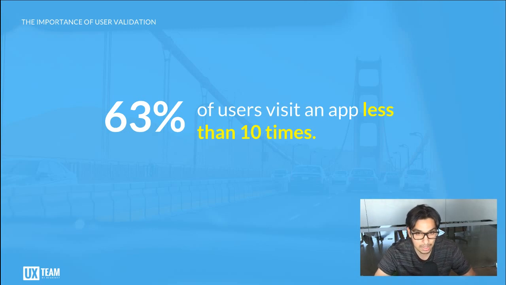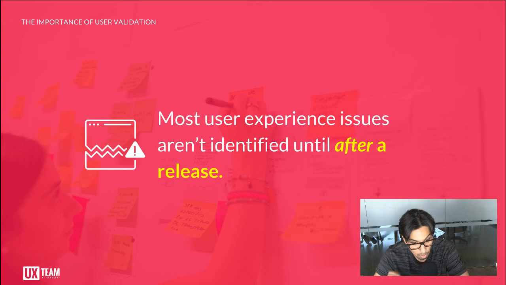And they are having trouble making users come back to use it, or even converting them. But why? Why does it happen? It's like the $1,000,000 question, I guess. But one of the reasons is because most user experience issues aren't identified until after we release.